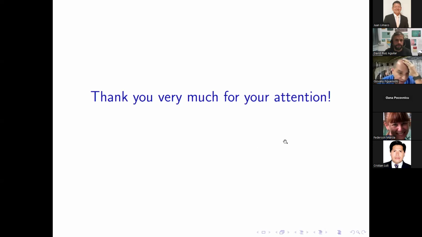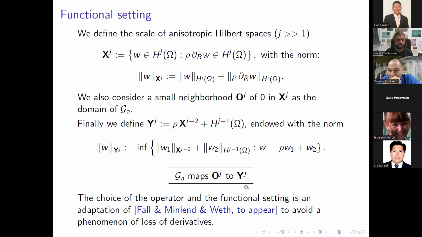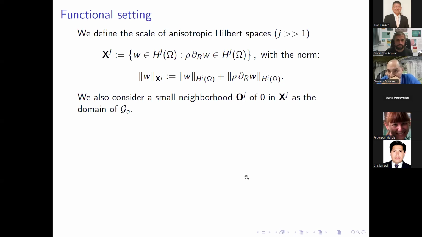Luis is asking, how was the definition of the anisotropic space? Okay, so let's come back to this. So this is the definition of the anisotropic space. X_j is the set of functions w in the Sobolev space H^j such that the derivative with respect to r, where r is the real variable and theta is the angular variable, is also in H^j.